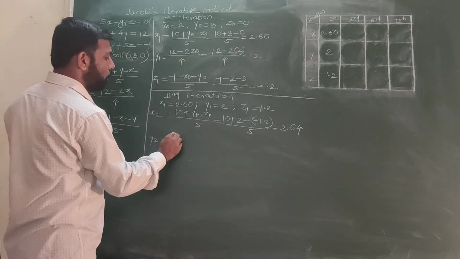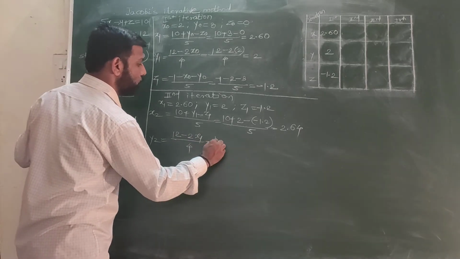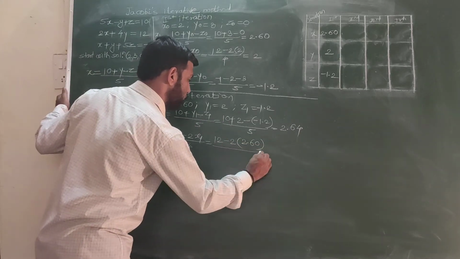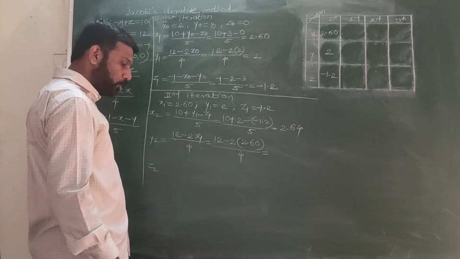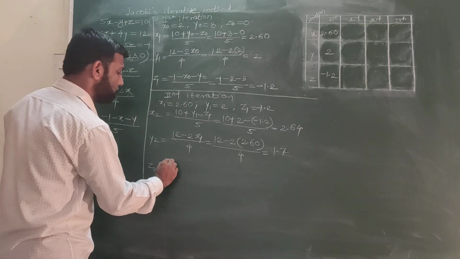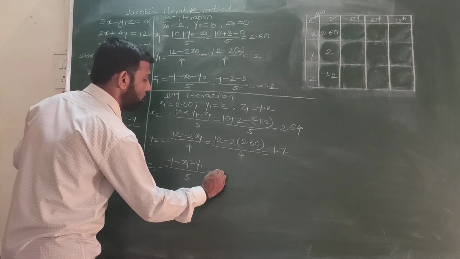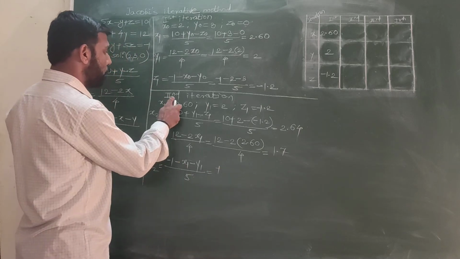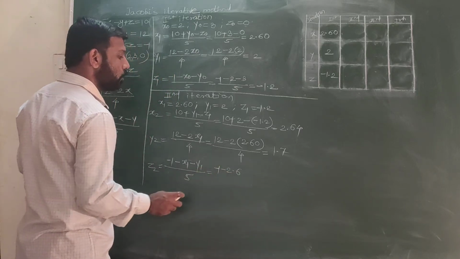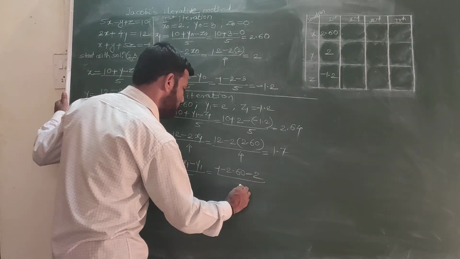y2 equals (12 minus 2x1) divided by 4, so the y2 value is 1.7. z2 equals (minus 1 minus of x1, 2.60, minus of y1, that is 2) divided by 5.